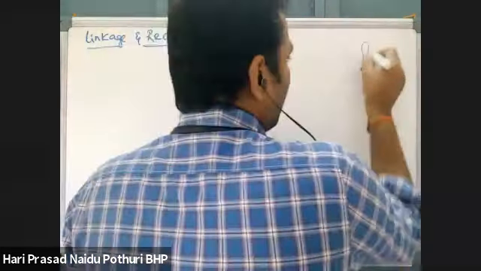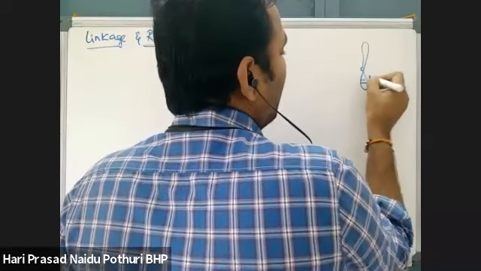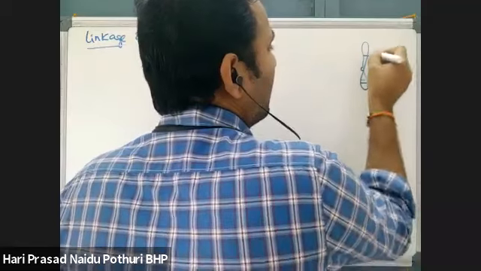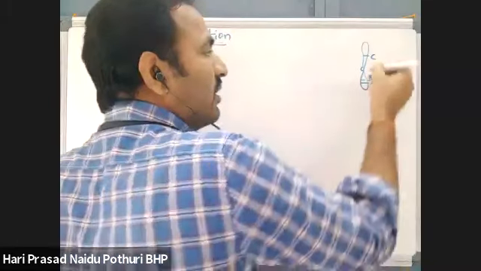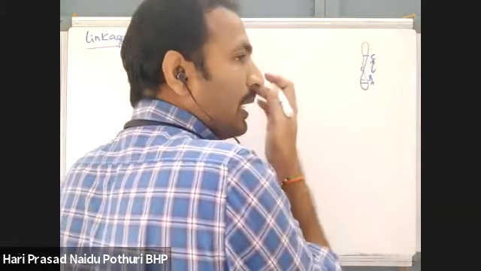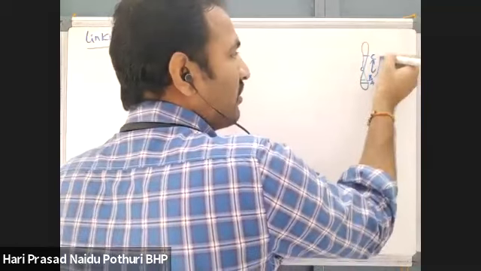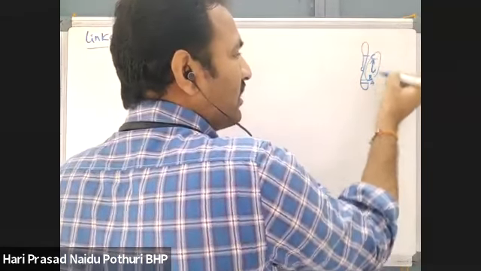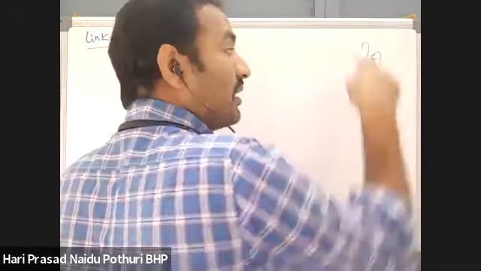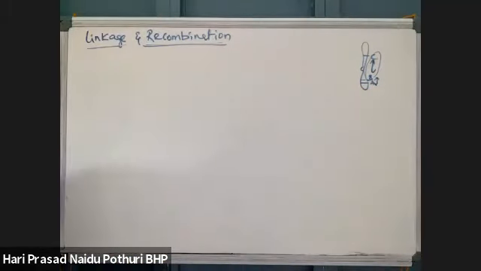Suppose on a chromosome, gene A and B are present here, and C is present here. The distance between gene B and C is somewhat lesser than the distance between C and A. So B and C are more linked, but C and A are less linked. But genes A and B are very much linked. Like that we can say.